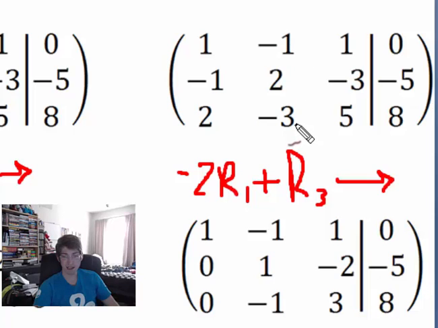Adding that to negative 3 will give us negative 1. Taking negative 2, multiplying it by 1, which gives us negative 2. Adding that to 5 gives us positive 3. And finally, 0 times negative 2, which is still 0. Adding it to 8 gives us 8.